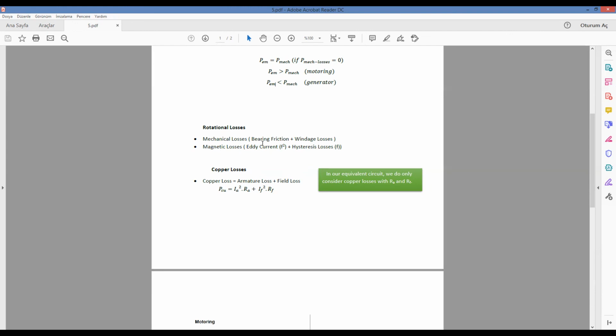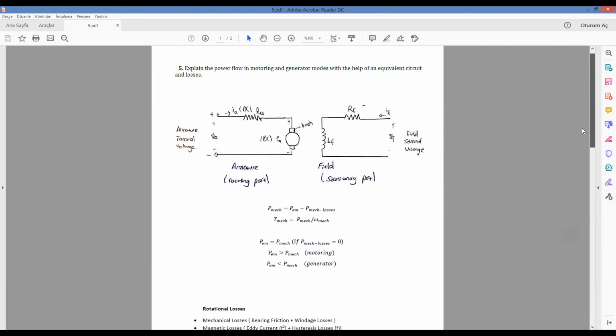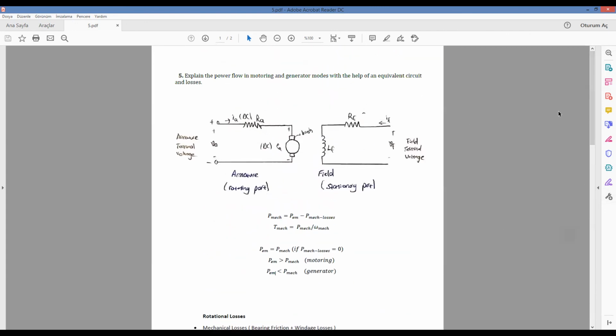The mechanical losses are due to friction and windage that is generated by the rotating rotor in the system. On the other hand, in the equivalent circuit, we only consider copper losses with the resistances RA and RF, as you can see.